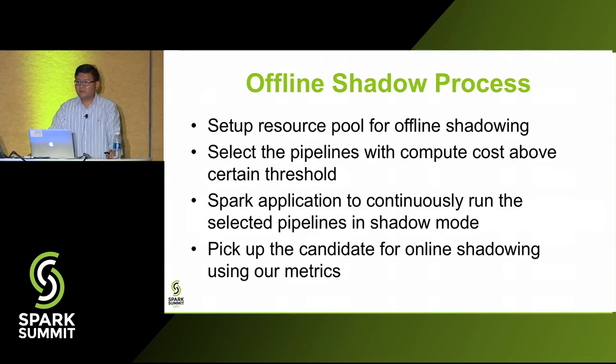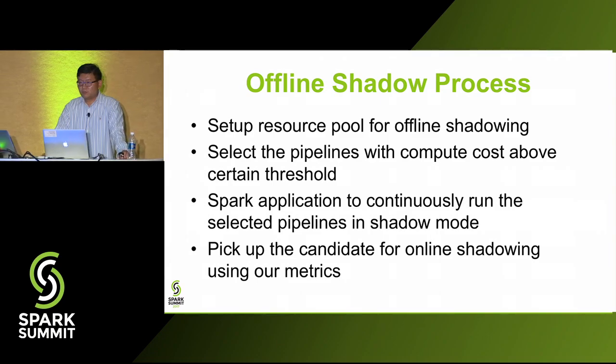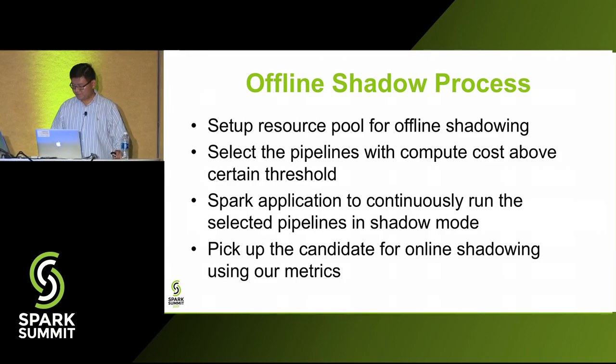So maybe the criteria is at least 100 CPU days or at least 50 CPU days. Then we launch the Spark application, continuously running those selected pipelines in shadow mode. When we run those in shadow mode, we publish all those metrics to a dashboard. Then we pick the candidates for online shadow using those metrics.